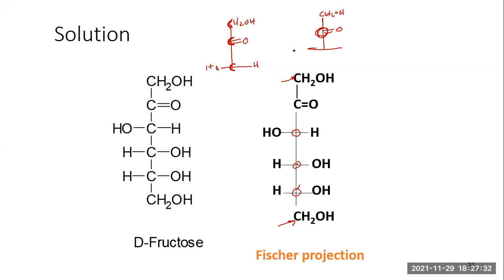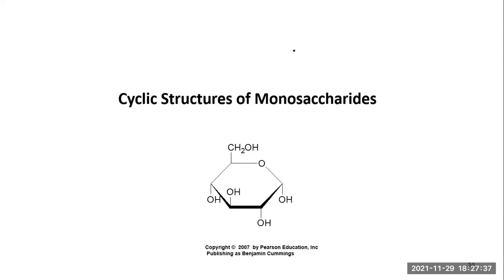Okay, so these monosaccharides can basically fold in on themselves and create a cyclic structure, basically a ring structure. There are 2 types of cyclic structures that we come across, and which one you get depends on how it comes together.